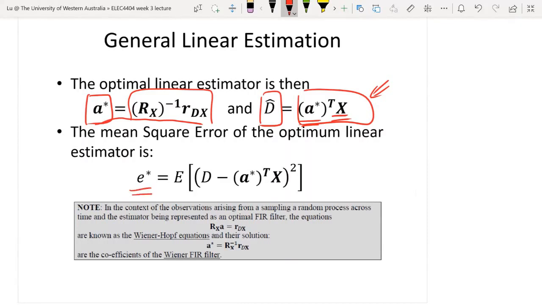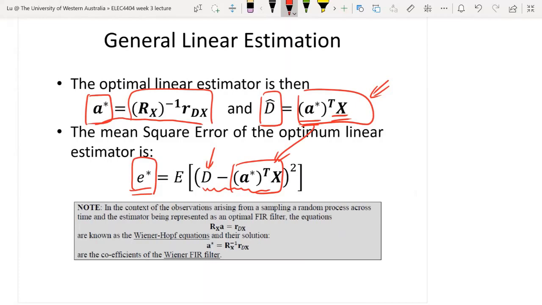Same thing: first of all, we evaluate the estimation error using the desired value, the true value of D, minus our estimation. The difference between them is the estimation error. We square it and then calculate the average value. The result is the minimized mean square error.